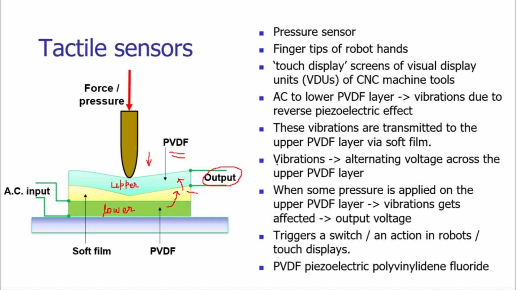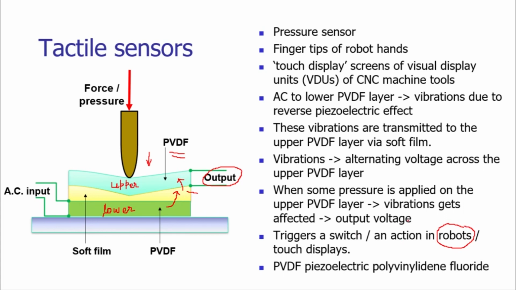As the force is applied at that location, that will be sensed, measured, and detected, and accordingly the microprocessor takes the action. For example, open and close. If two buttons are there on the screen, open and close, then as you touch the location of close on the screen, that action will be carried out by the microprocessor.